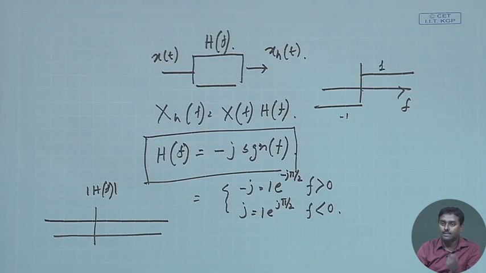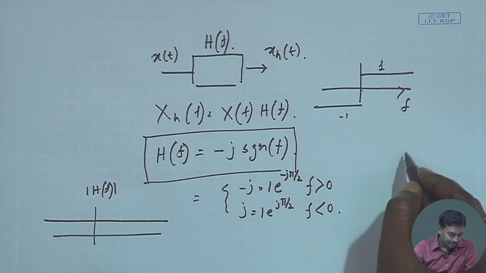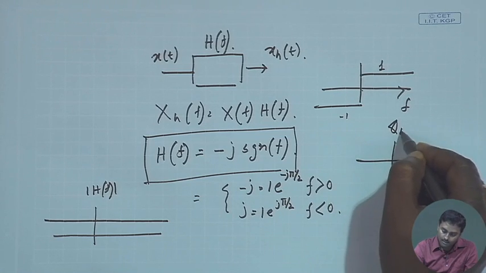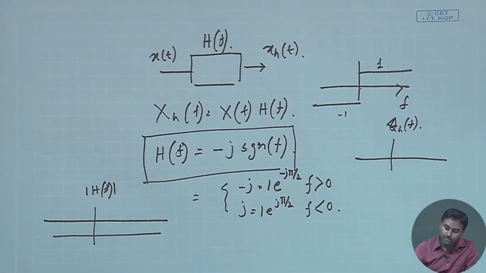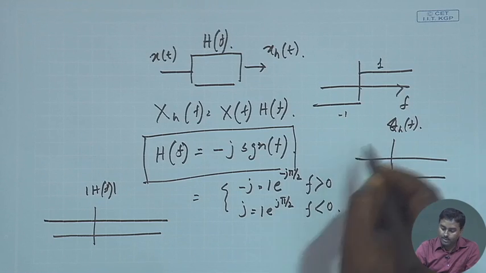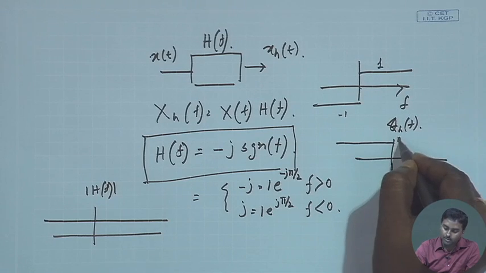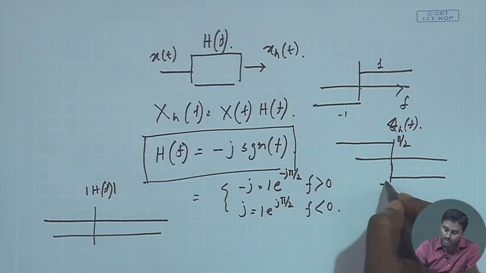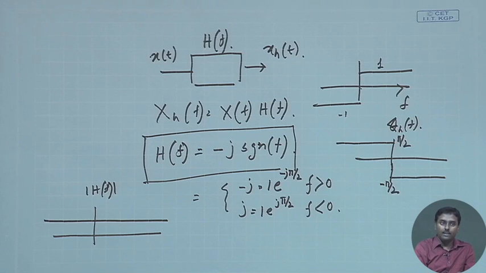Now the phase, let us say theta of H(f), I want to plot. What should that be? Whenever f is positive, theta is minus pi by 2, and for negative f it is plus pi by 2. So this is pi by 2, this is minus pi by 2, right.